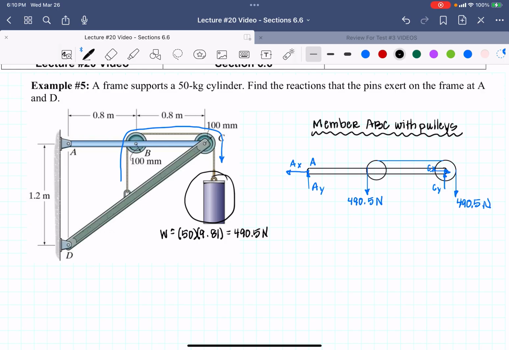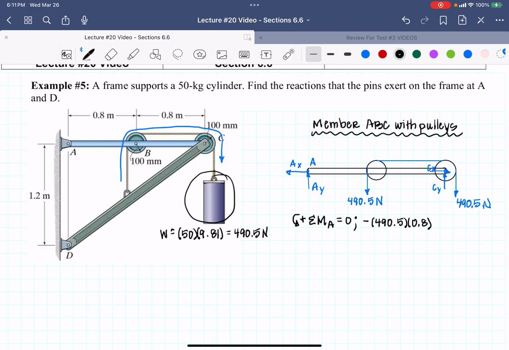But let's solve for the things we can solve for to start with. If I sum the moments about point A, I'm going to get C of Y. C of X goes through point A; this line of action goes through. So if I sum the moments about point A, I can ignore the forces at A. I've got that first 490.5, which is negative, and it is 0.8 meters away.